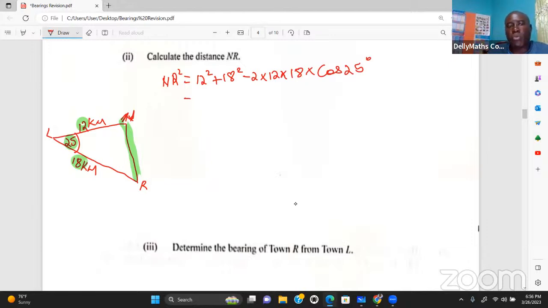So right there, we want to just make sure that our check-ins are good. So 12 square is 144. 18 square is going to be 324. And then I want to put everything here on the calculator all at once. So -2 times 12 times 18 times the cosine of 25.